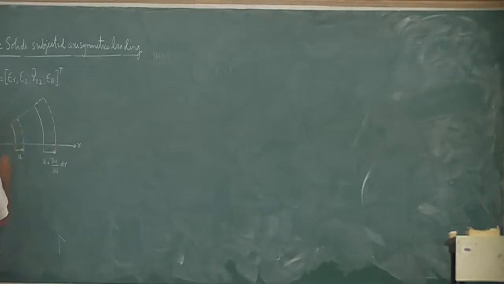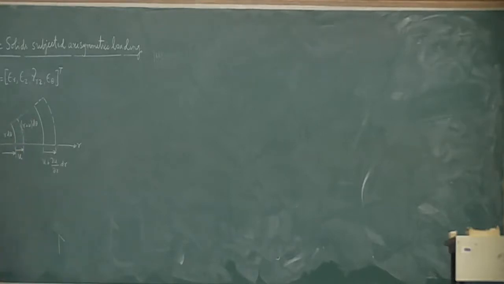This is your r, so obviously this is r d theta. But when it comes to this, it is r plus u now, so therefore r plus u d theta. That is, there is a change in the length of the member, that is, the length of the arc has changed.